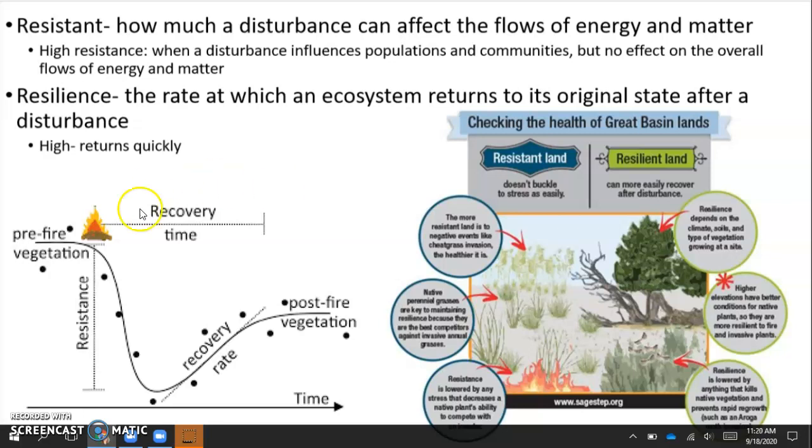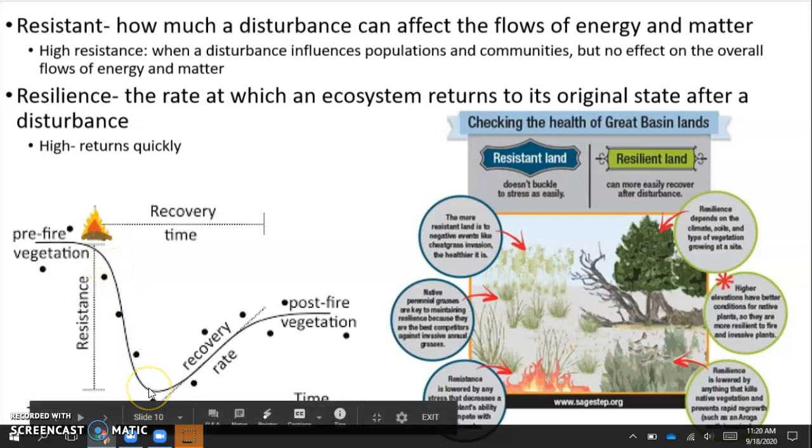So here's an example of pre-fire vegetation. It's pretty high. And then we have this forest fire that breaks out thanks to gender reveal parties, right, in California. Because of this, our vegetation dips down really low because it's destroyed in the fire, okay? Here's the recovery rate.